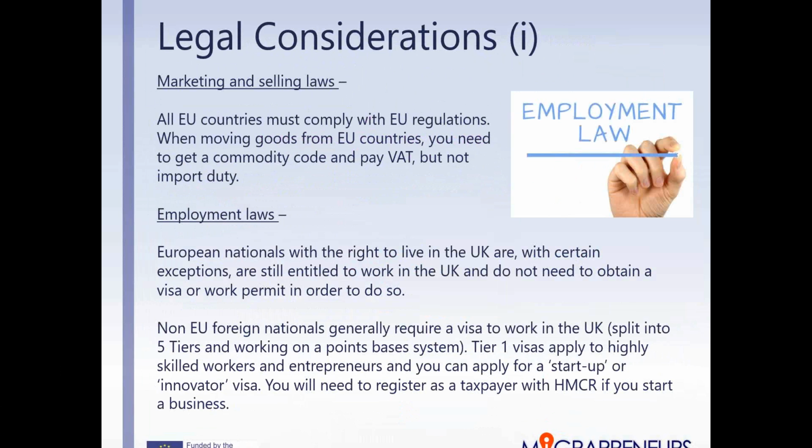UK visas are split into 5 tiers, and it works on a points-based system. If you're a highly skilled worker or an entrepreneur, you will need to apply for a tier 1 visa as a startup or an innovator. And you will need to register as a taxpayer with HMRC if you start a business. Again, all the information on that is on that .gov.uk website that we gave you earlier in the presentation.